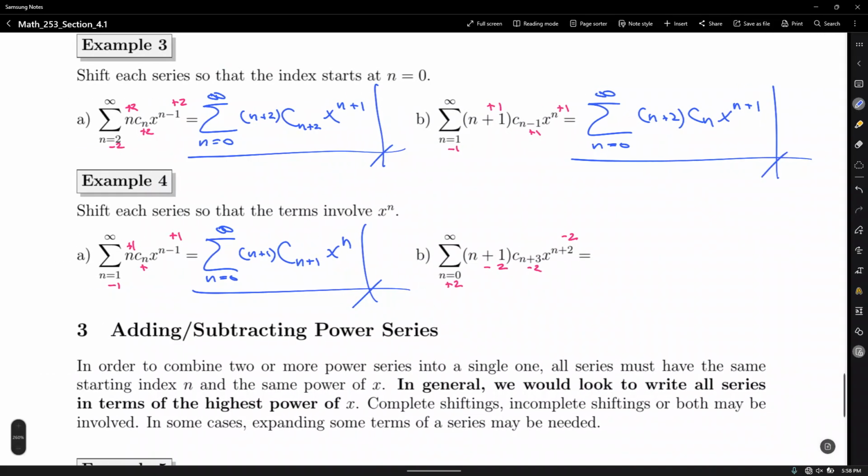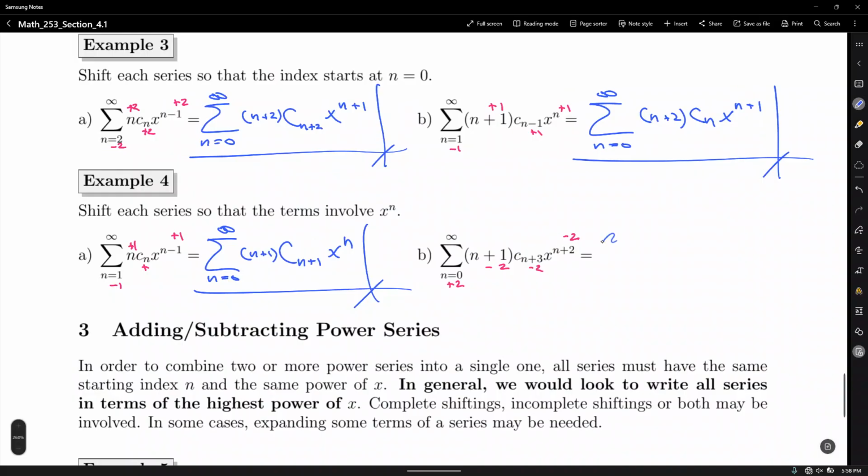So sigma n equals 2 to infinity of n minus 1 c sub n plus 1 x to the n. Final answer.